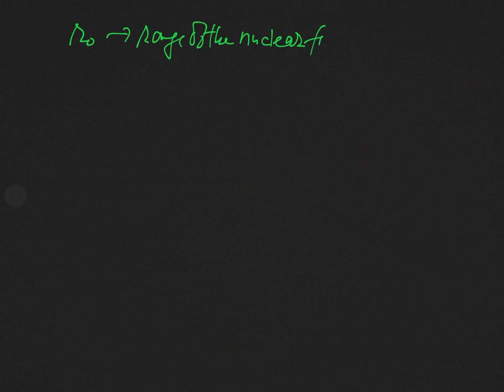You can see this R naught is actually the range of the nuclear force, and R is the radius of a nucleus. This is given by the expression R naught A to the power 1 over 3.